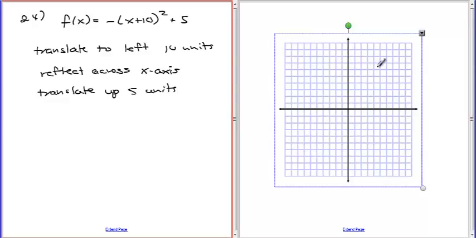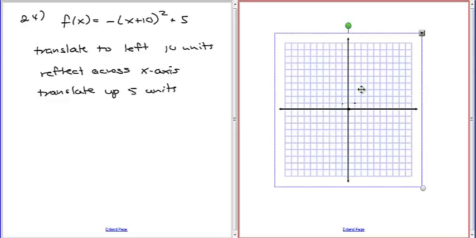So again, let's start with the parent function. It starts at the origin, goes over 1, up 1, over 2, up 4, over 3, up 9, and the same on the other side. Okay, so that's my original one. Then I would move to the left 10 units. So start here, over 1, up 1, over 2, up 4, over 3, up 9, and you would go the same way here, symmetric.